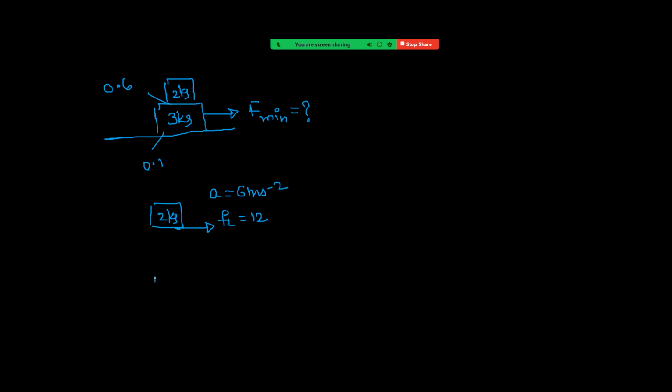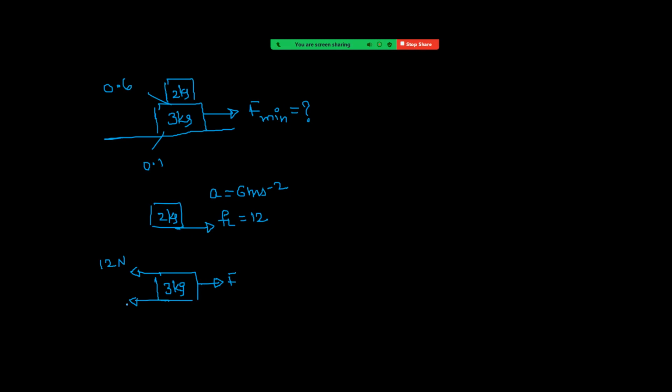Now coming to the 3 kg block. Applied force F, which we have to calculate. On the 2 kg block, 12 Newton right side. On the 3 kg block, at the top surface, 12 Newton left side. At the bottom contact, since the 3 kg block is moving right side, friction will be left side.